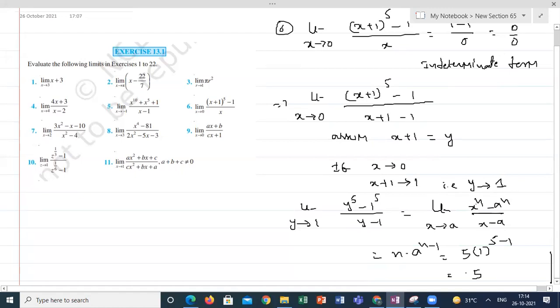Carefully look into the question. Anyone having any doubt, please let me know. Students, please. Basic substitution. Shall I move to the next question? Yes, sir.